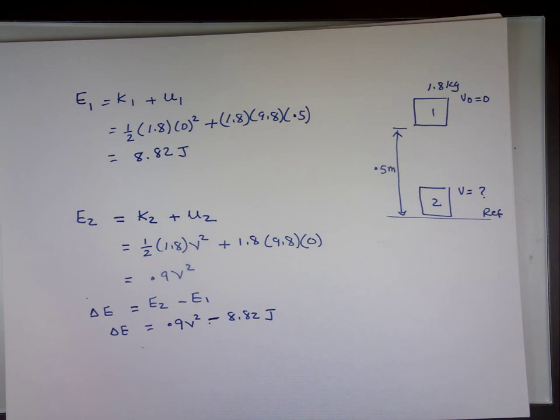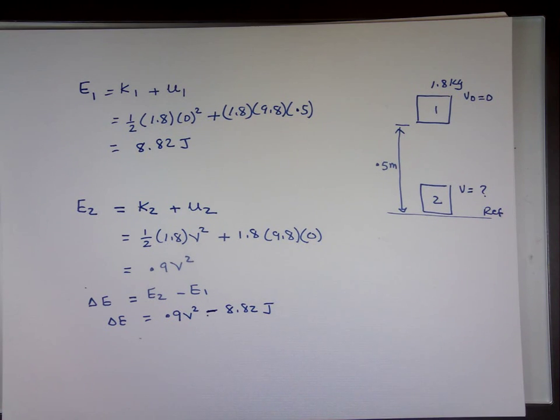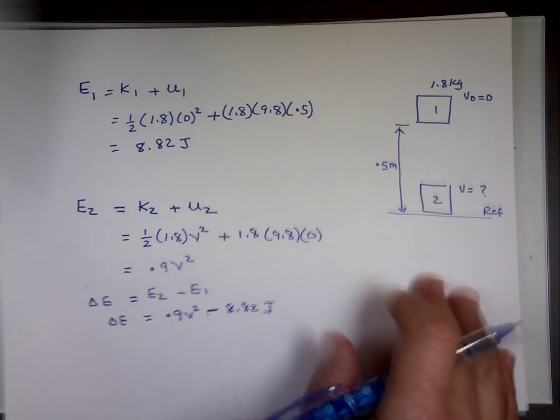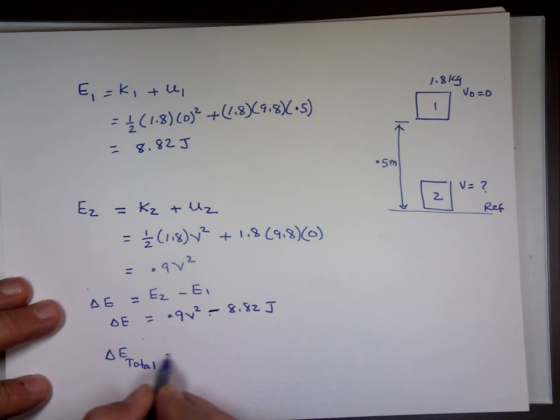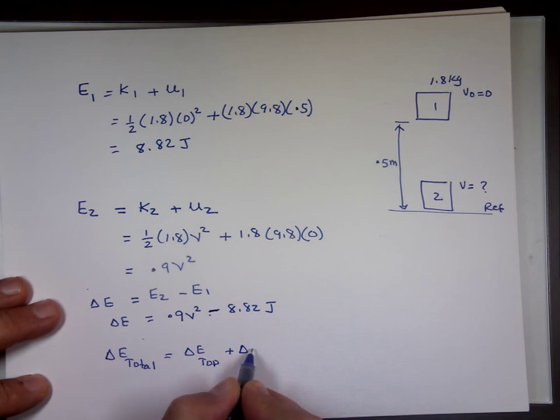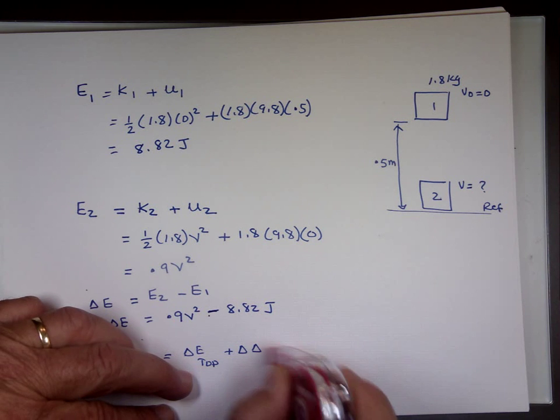So now let's put the two of them together. If we take the change here and the change here, this is the total change. It's the change for the top one plus the change on the side, on the right side. I did this twice.